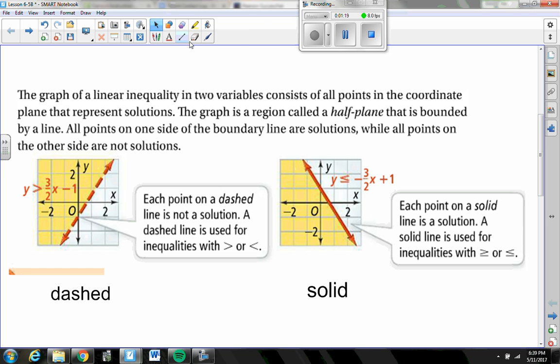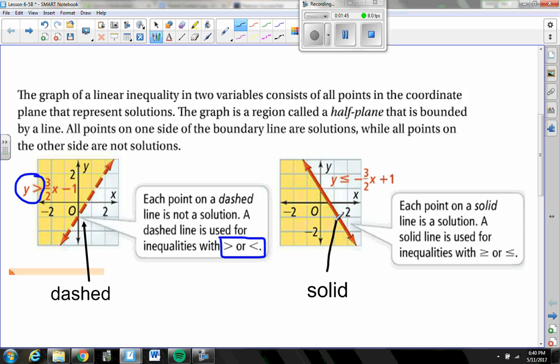The graph with a dashed line has no equal to line on its inequality. This says y is greater than, just greater than or less than, without the equal to line.